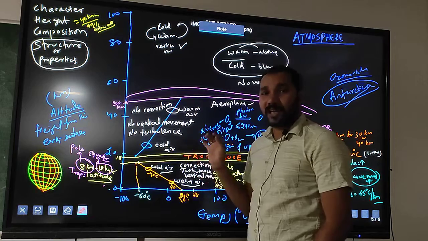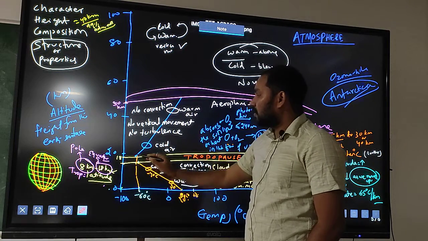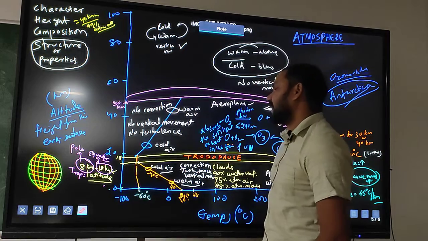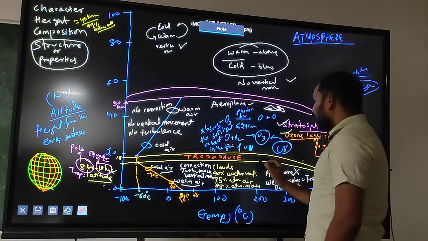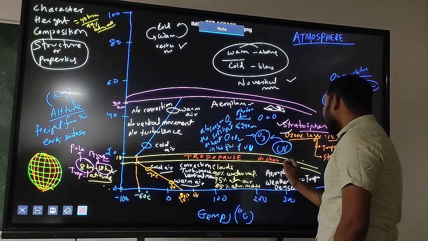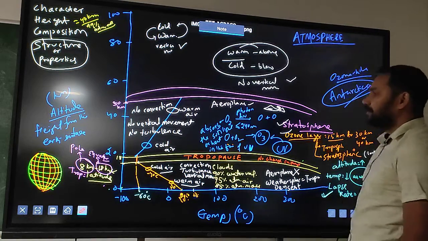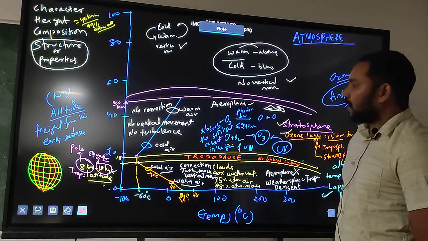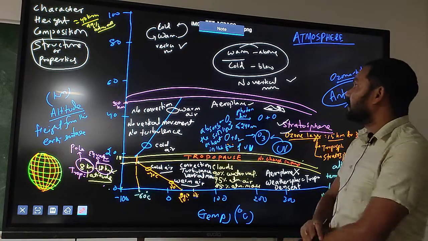The most important point is that there is no change in temperature within the tropopause, or within the transition zone. Then after that the temperature will increase. This is the basic important thing.